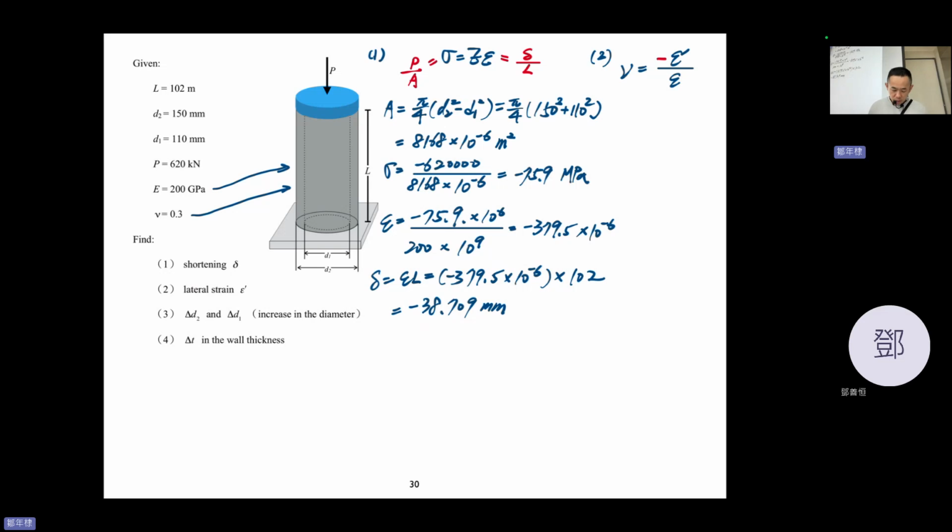So epsilon prime equals minus 0.3 times minus 379.5 times 10 to the minus 6. You need to be really, really careful, okay? How about I change the color of this?